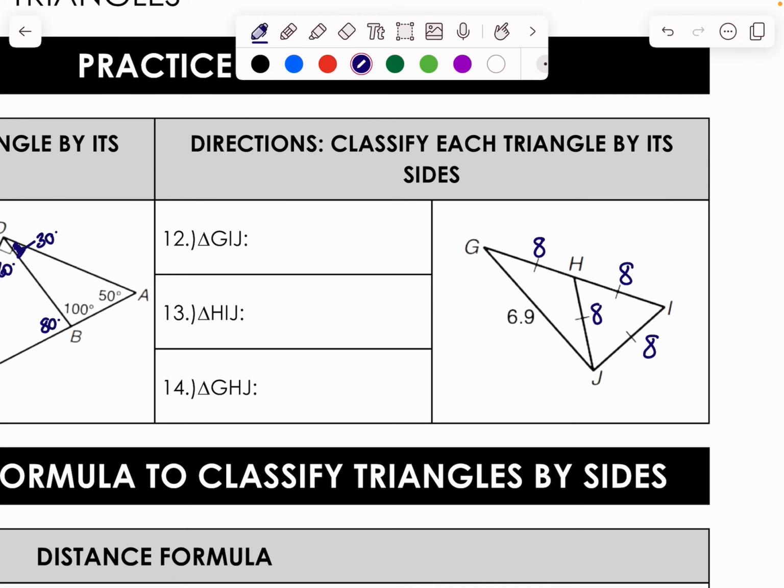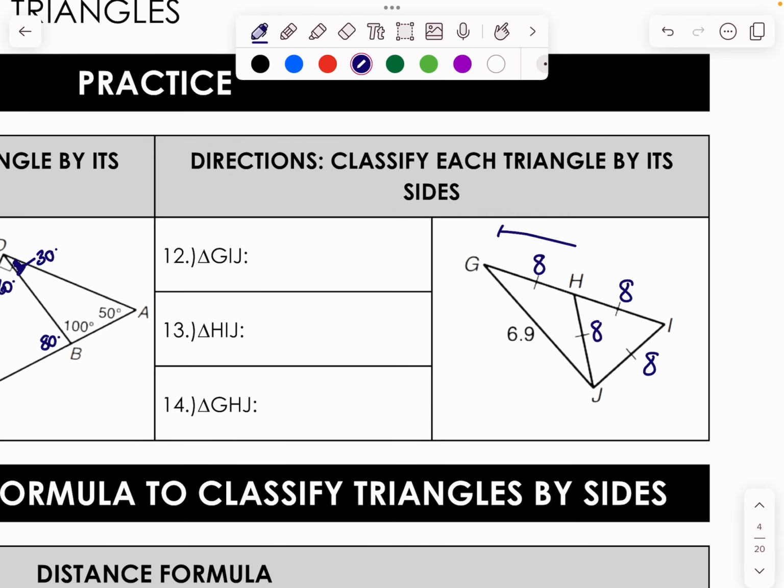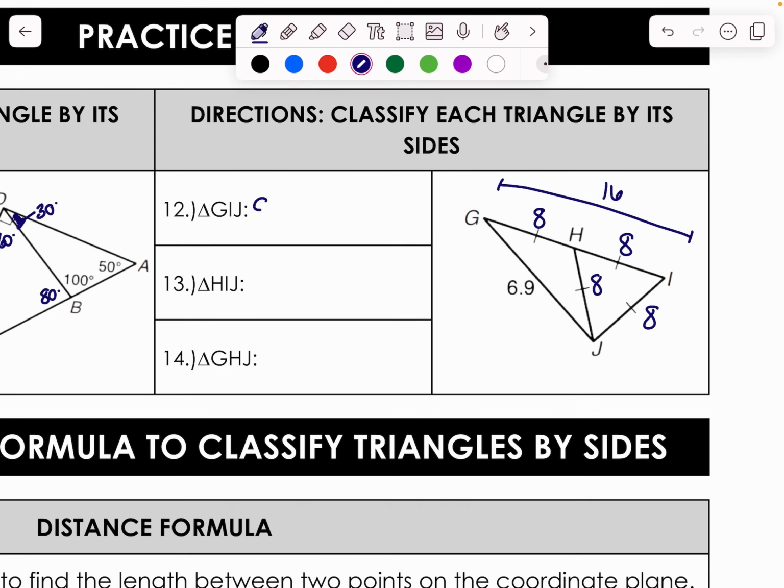So again, just the angle measure was left off, so these all should be 8. Okay, so if we look at the whole triangle, GIJ, if we add this side together, it's going to be 16. Okay, and then the other two sides are 8 and 6.9, so none of those are the same, so that's going to be scalene.